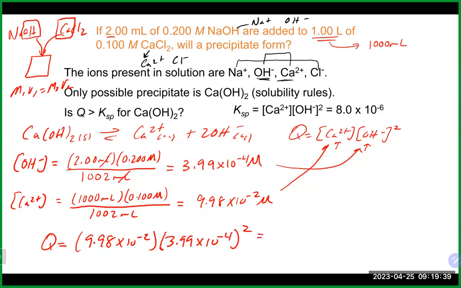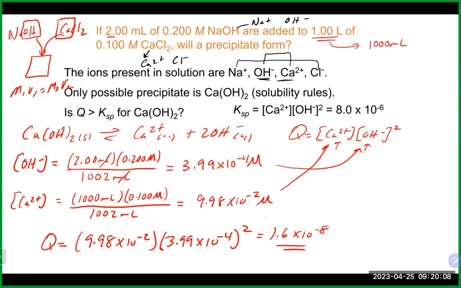That's going to be 3.99 times 10 to the minus 4 squared. There you go. Times 9.98 times 10 to the minus 2, going to give us 1.6 times 10 to the minus 8 as our Q value. Any questions on that?